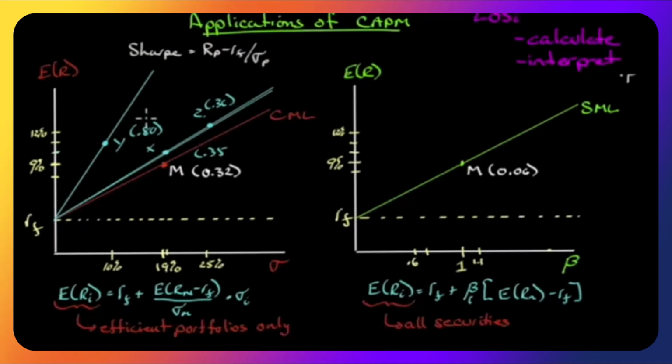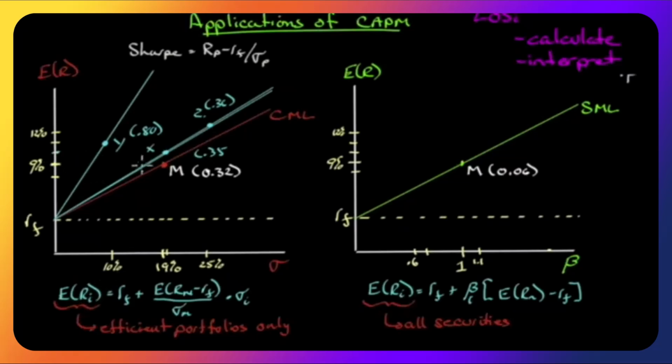We can calculate the expected return on any asset as a function of the risk-free rate plus the slope of the line times whatever the standard deviation was. Each one of these is the slope of the line. Here's the deal. We can only find the expected return using the capital market line for efficient portfolios only.